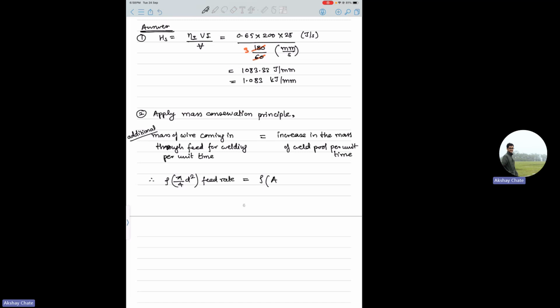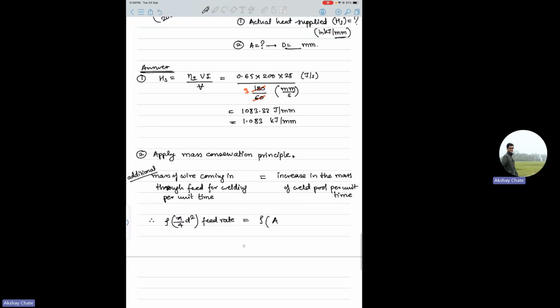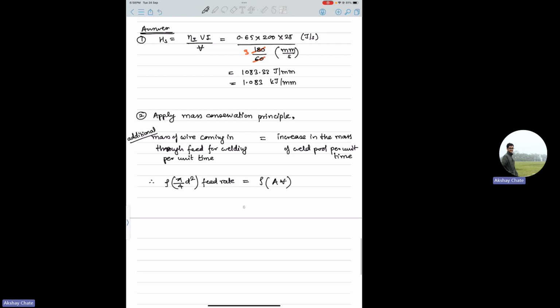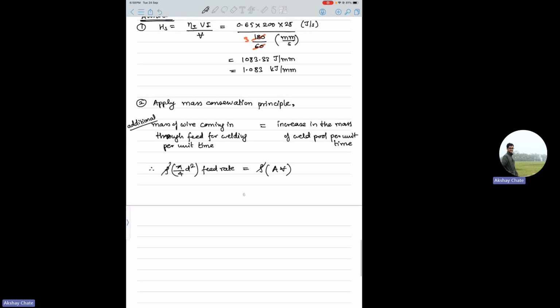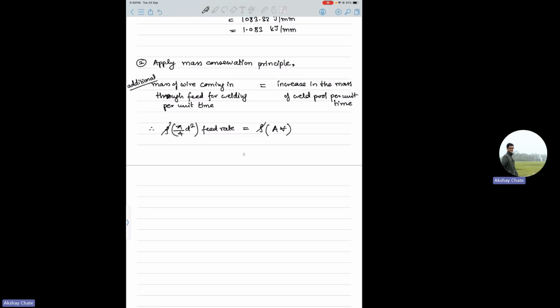Then this is the cross-sectional area of your weld pool, this circular cross-sectional area, and it is traversing with velocity v. The density goes away. If they have mentioned that the densities are different, then you have to use them. But here nothing is mentioned, so you can forget about that.